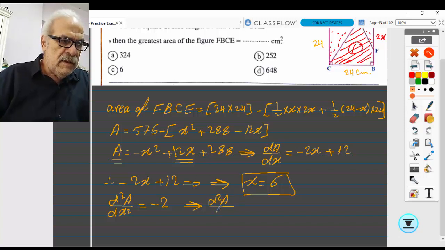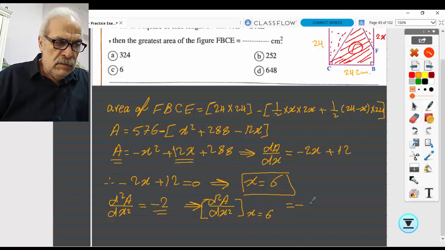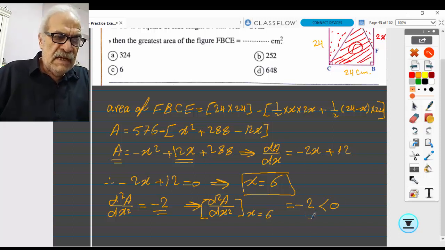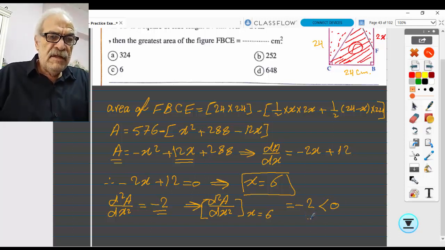d2A/dx squared when x equals 6 also equals negative 2. It is constant, less than 0. Here we have the second derivative is negative. So there is a maximum value to the area when x equals 6.